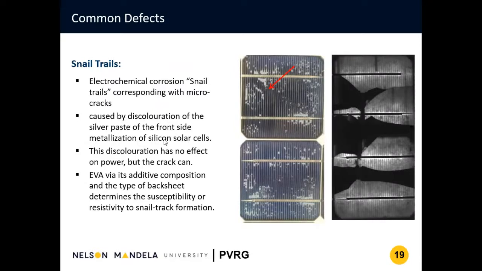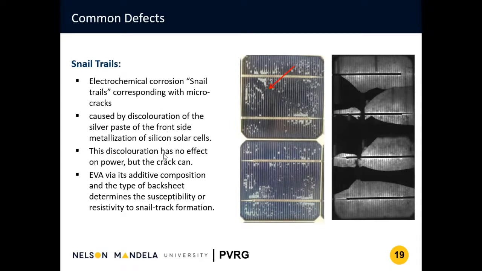Snail trails are an effect that one can visibly see in a PV module. It is visible as a sort of silver line across the module. This example has a lot going on, but you can see this half circle shape is the snail trail.